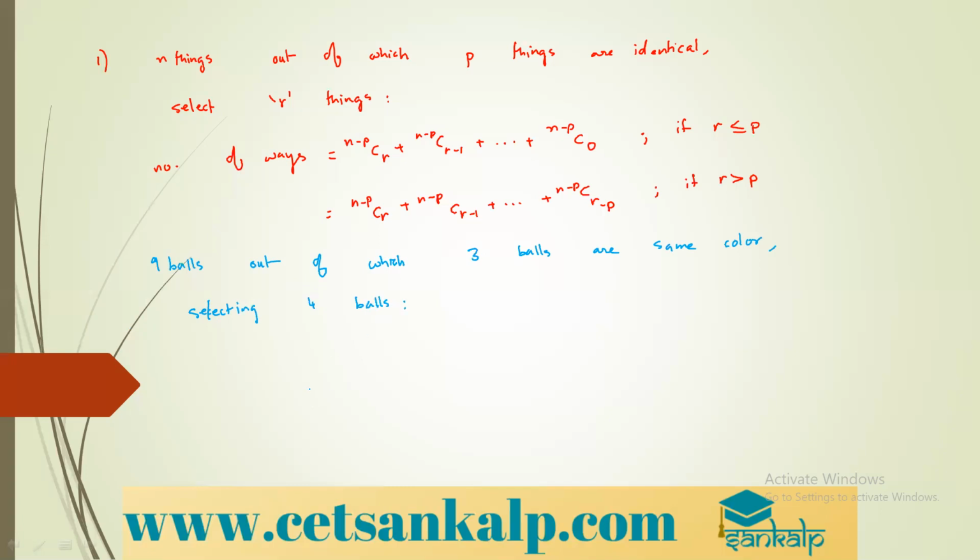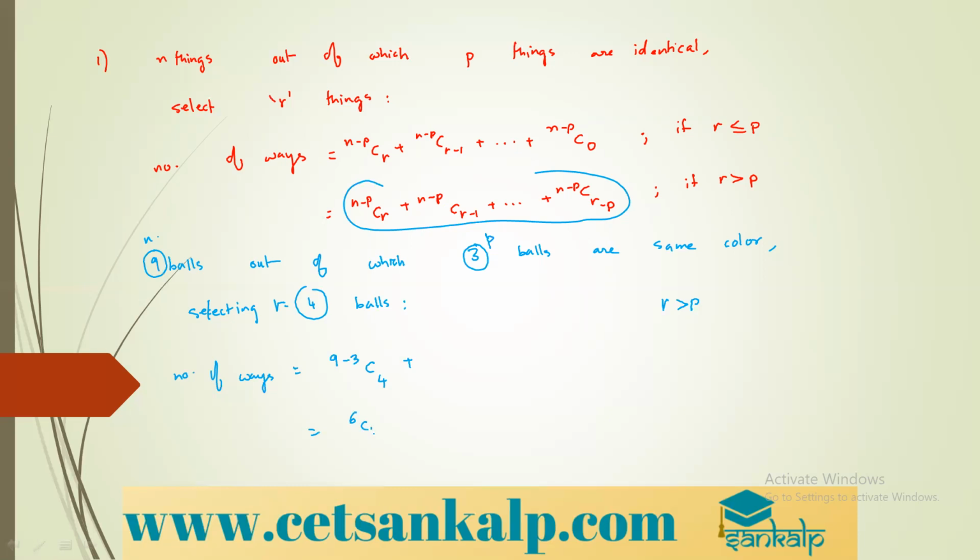So if you see carefully, here R is 4 and P is 3. So R is greater than P. That means you have to use the second formula. So the number of ways this selection can be done starts with (n-p)Cr. n is 9, so 9 minus 3, that is 6C4.